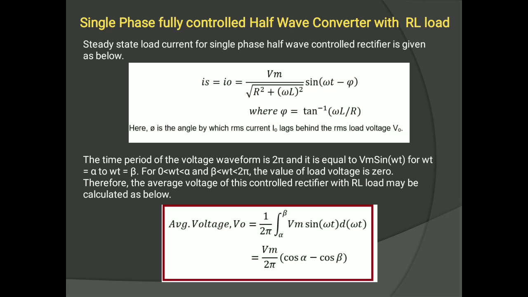Phi is the angle by which the RMS current lags behind the RMS voltage. For 0 to alpha and beta to 2 pi, the value of load voltage is 0. Therefore, average output voltage equals 1 by 2 pi integration alpha to beta Vm sin omega t d omega t. After solving this equation, we get Vm by 2 pi (cos alpha minus cos beta).